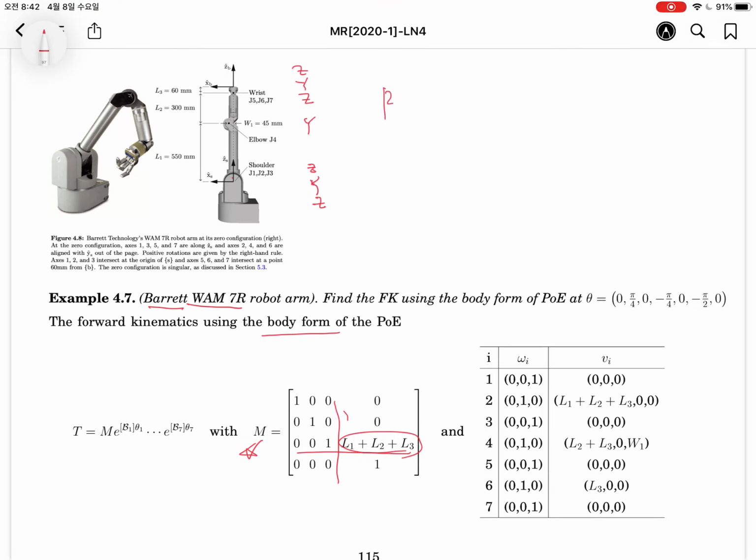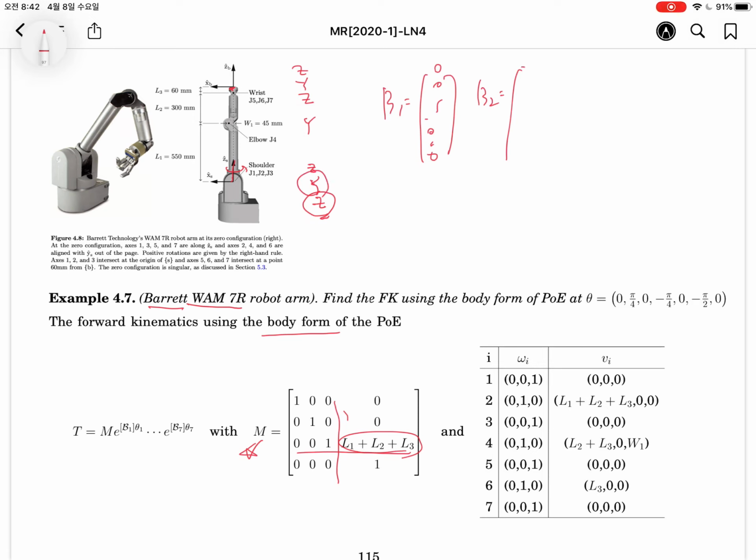In order to apply the body form of POE, let's read B1. Joint 1 is aligned to the z-axis, so 0, 0, 1. Let's make the movement along the z-axis. This axis rotational motion will not have any linear motion of this part, so 0, 0, 0.